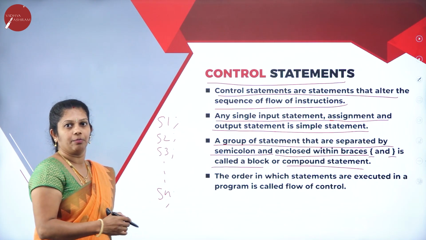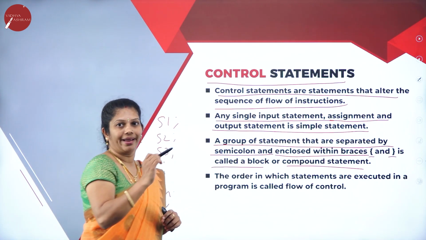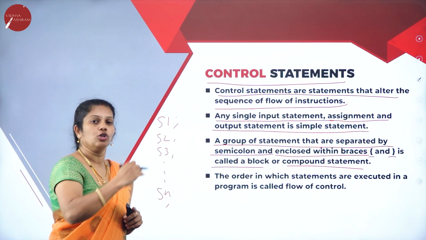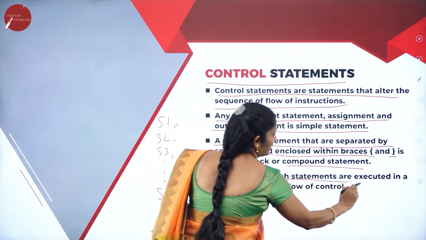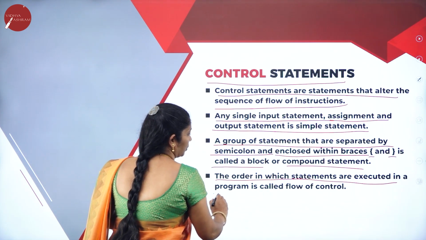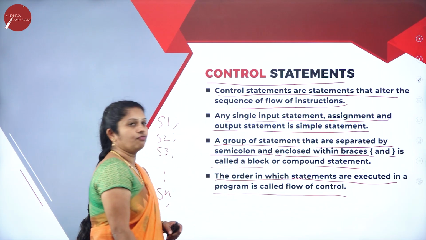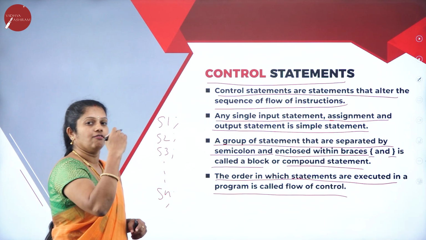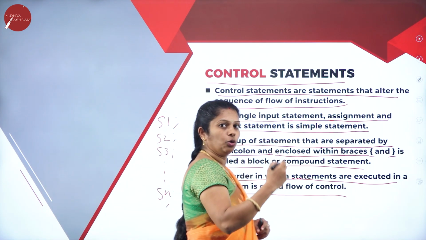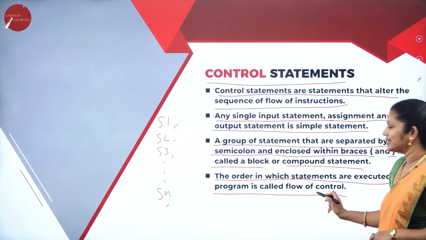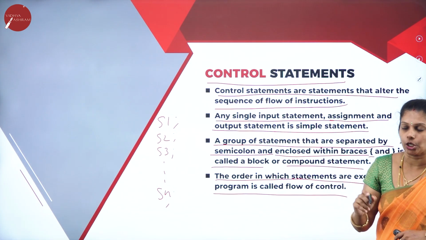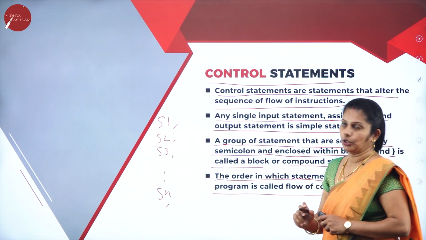If you have multiple statements, then we require these brackets to represent that they belong to a particular group. The order in which statements are executed in a program is called flow of control. First statement, second statement, one by one, usually all the statements will execute. How exactly the statements are going to execute is nothing but flow of control.